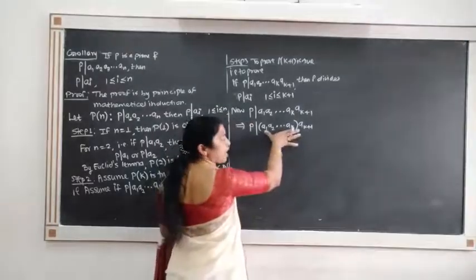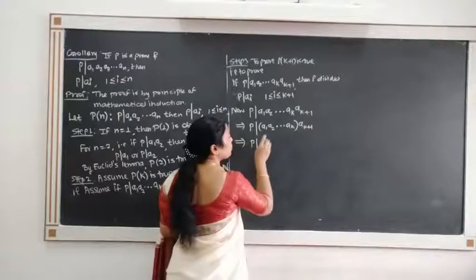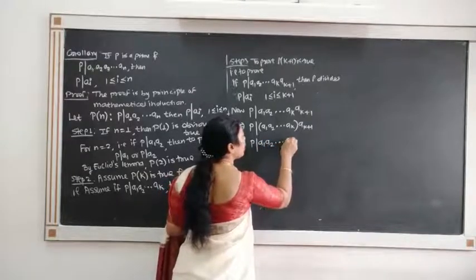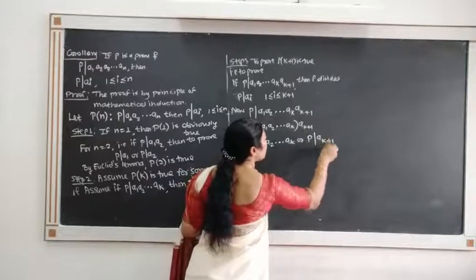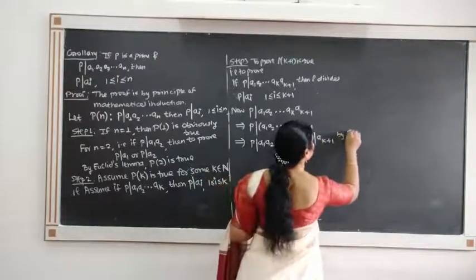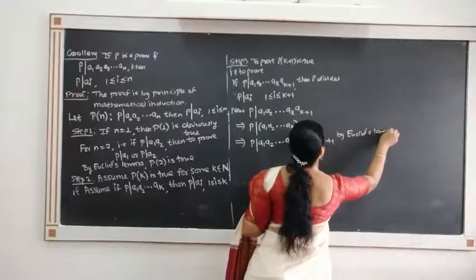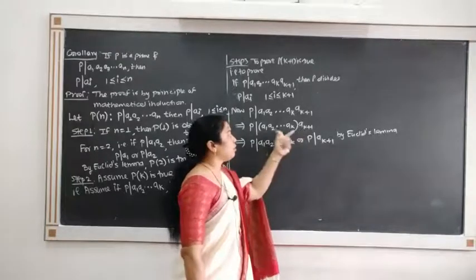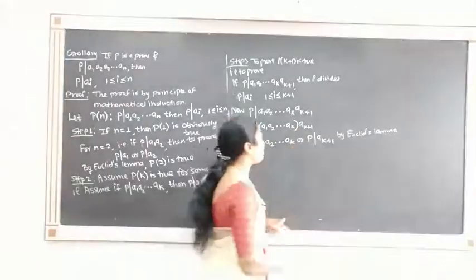So P divides either this or this by Euclid's lemma. So this implies P divides either the product A1 to Ak or P divides Ak plus 1, because we assume this as one number and this as the second number. So if P divides AB, it divides A or B.